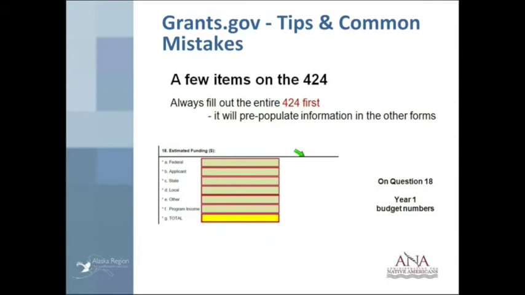You're only going to put in your year one federal request and your year one local match and your projected year one program income if you have any, for a combined total project cost for year one. That's what's going onto the 424.